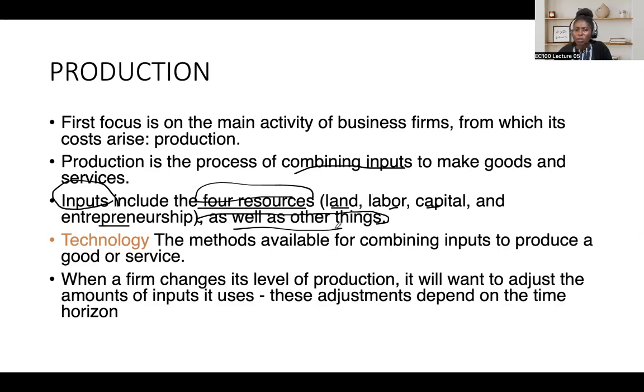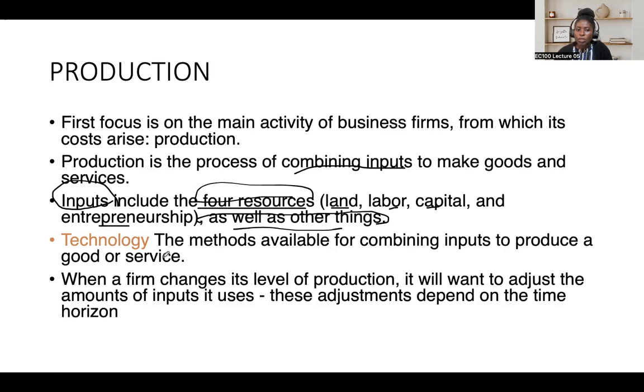In any production, you'll find that. Things like electricity: you need electricity to do things, and if it's not there, you might not really get your output. That is not really land, labor, or capital. So it's an input. You need it in your production process. Technology is also a very important aspect. Production has to use a certain technology.